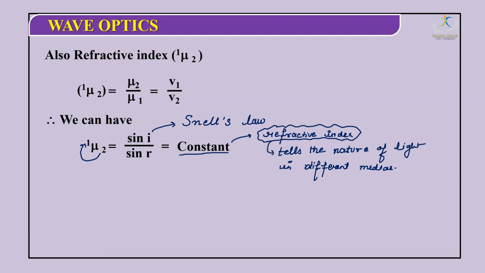And the refractive index tells the nature of light in a different medium. As we know, during the change of medium, frequency remains constant. So all these things come by the help of the refractive index.